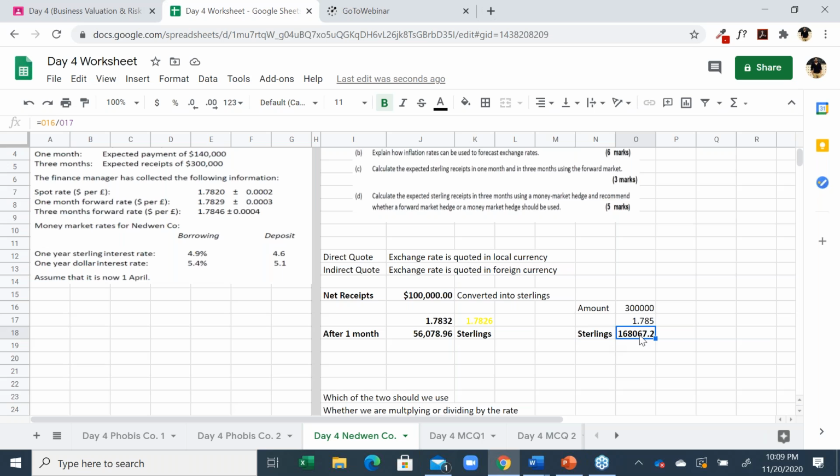We know today what we are going to receive in 3 months time because we entered into a forward contract with the bank and we are sure of what we are going to receive in 3 months time. Irrespective of what the exchange rate will be in 3 months time, we don't care now because we have fixed a rate with the bank and that is 1.785. When we fix a rate with the bank, the uncertainty is gone and there is no more risk.